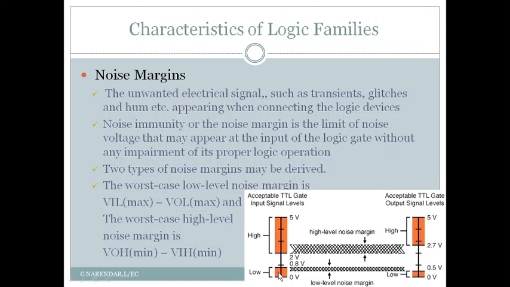The low level noise margin is defined as VIL minus VOL, and this difference of voltage can be added to the low signal, but still it will operate without any impairment. And similarly, we define the high level noise margin as VOH minus VIH. So this much noise may be added to a high signal, and still it will be treated as a valid high signal.